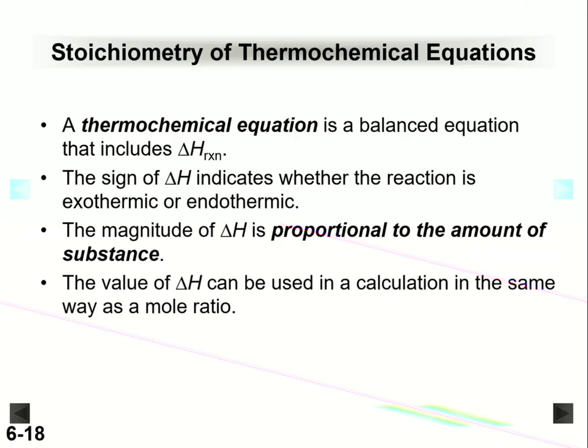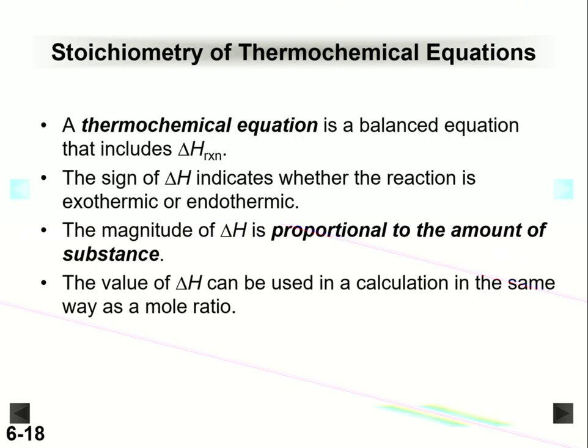Stoichiometry ties together very importantly because we know we have to have a balanced reaction based on a balanced chemical equation. We have to multiply the coefficients times all our standard enthalpies of formation. The sign of the overall delta H that we measure for a reaction is going to tell us whether it's exothermic or endothermic.